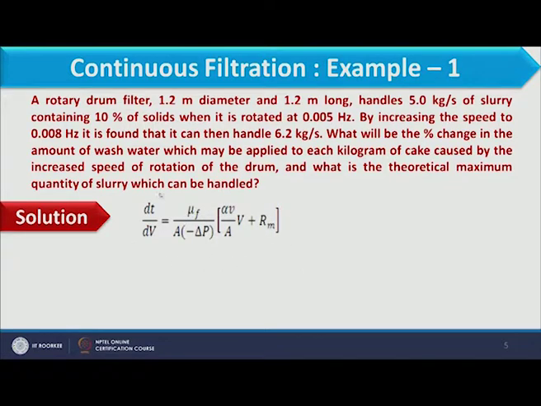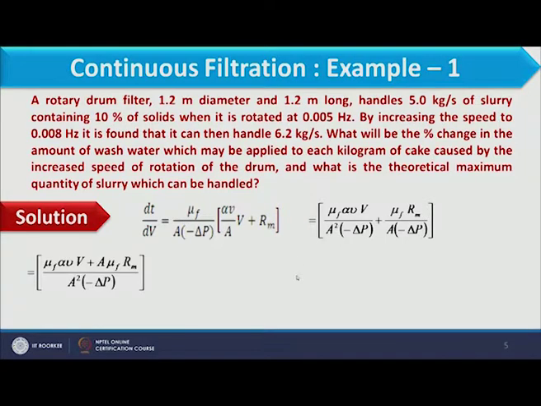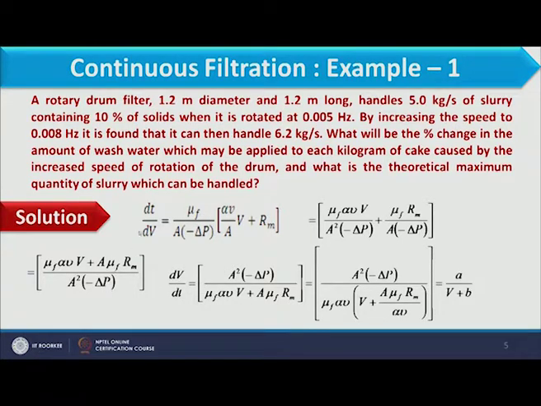This is the final filtration equation for single rotation. After rearranging we can obtain this expression. Further rearrangement gives this particular expression, and so we can calculate dV by dt by rearranging it.